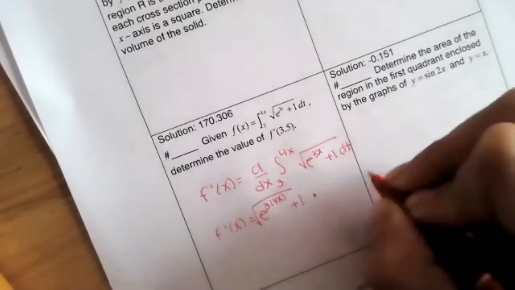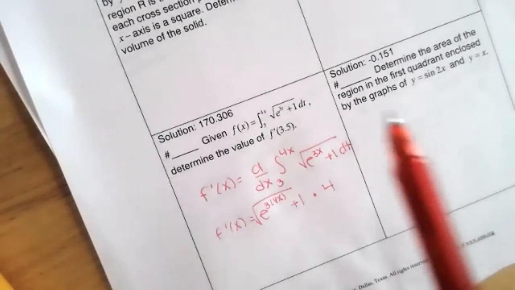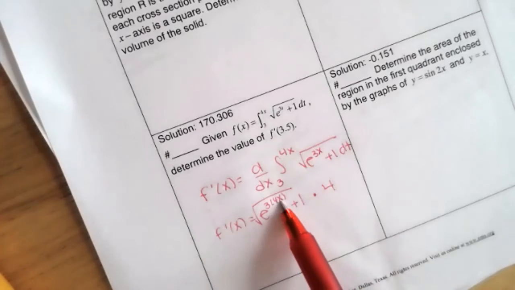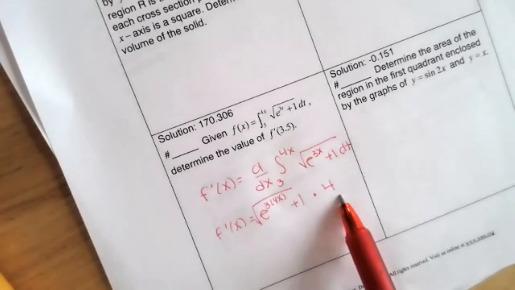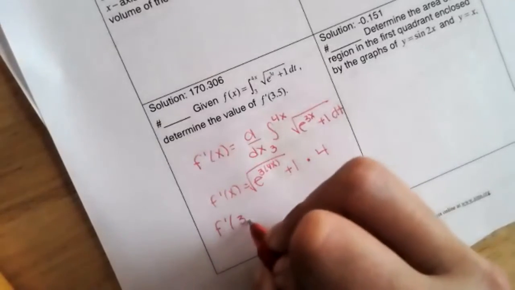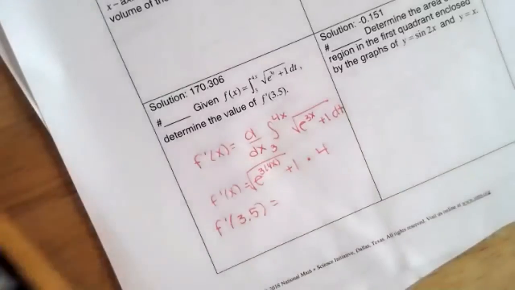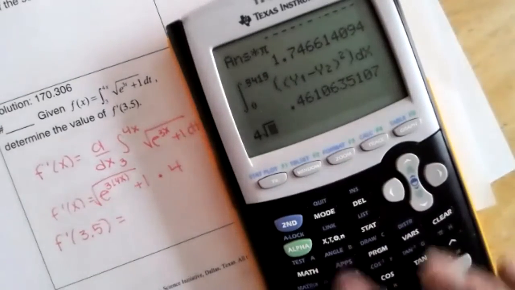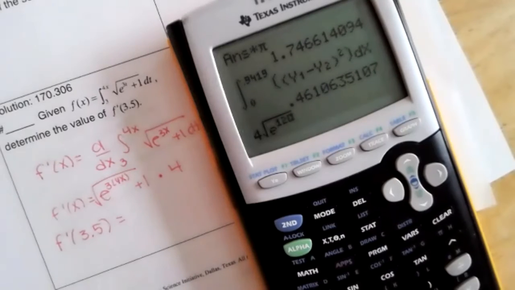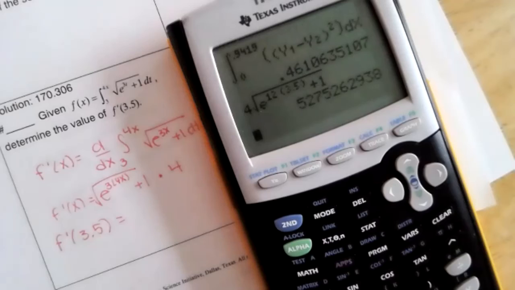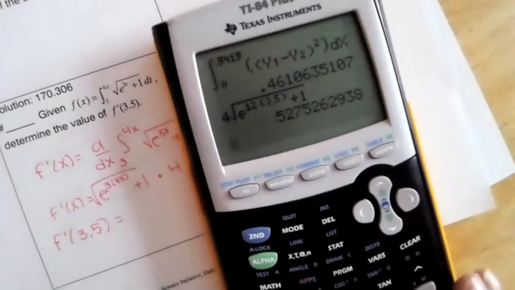But then you have to also multiply by the derivative of 4x because its derivative isn't just 1. So like 4x goes in for x, but then you have to multiply by 4. So then f prime of 3.5 would come from plugging that into your calculator. Yeah, and that's like a really, really, really big number.